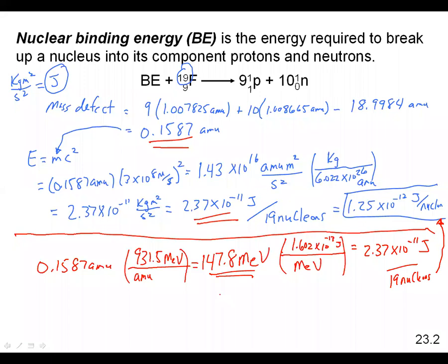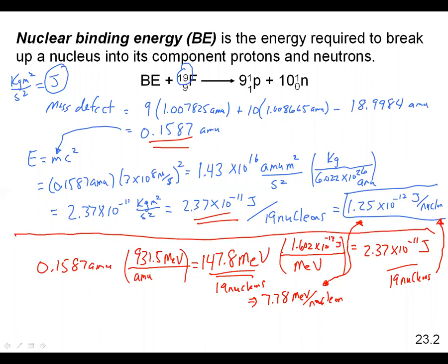Sometimes you'll even take this and divide it by the 19 nucleons, and that would get you 7.78 mega electron volts per nucleon. So binding energy is oftentimes displayed one of these two ways, either joules per nucleon or mega electron volts per nucleon.